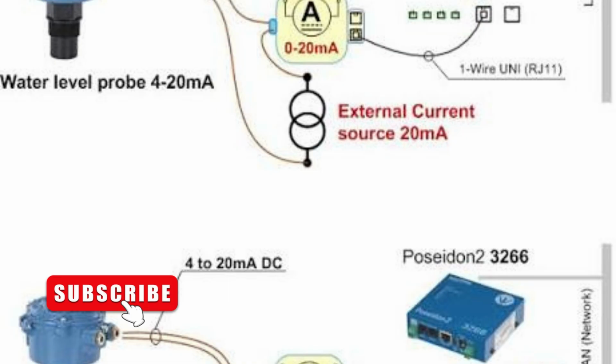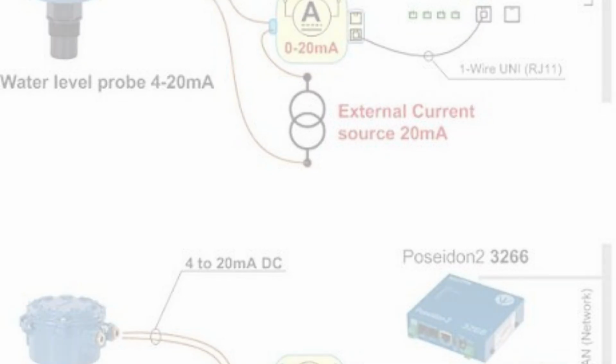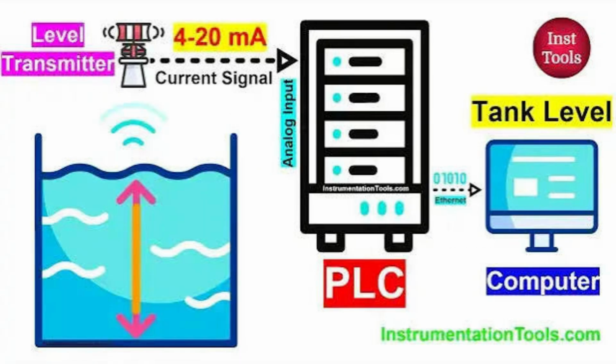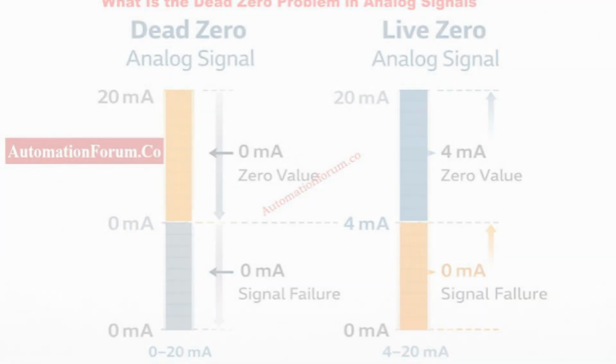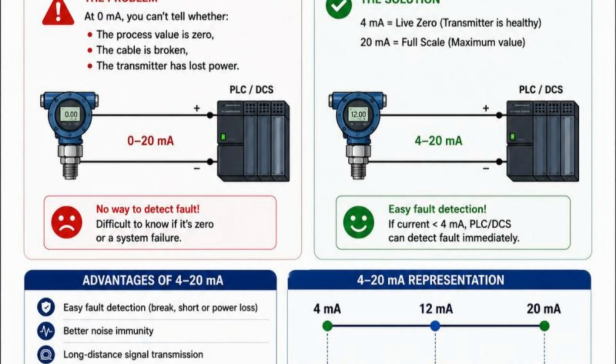To measure important process parameters like pressure, flow, and level, industries use different types of transmitters. These transmitters send signals to PLC, DCS, and control systems for accurate monitoring and control.